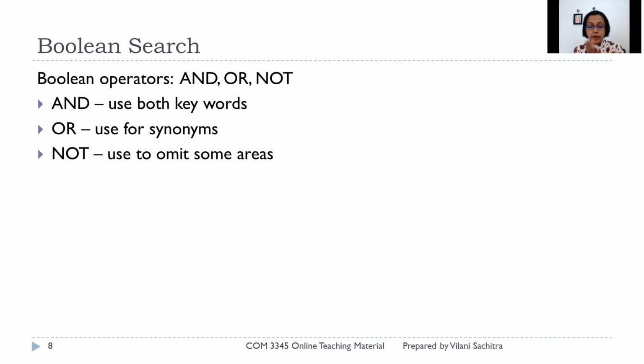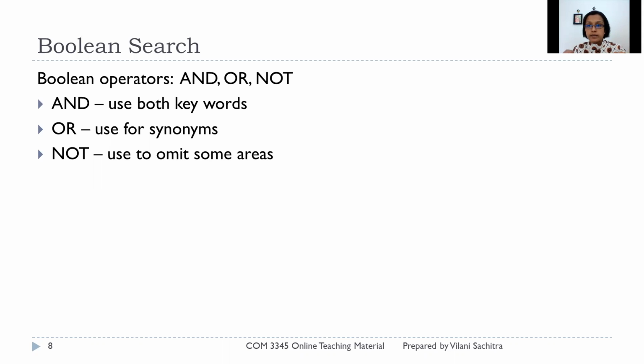So we just type in Google Scholar work from home NOT information technology sector or something like that. I believe you understand what I'm saying, right? So these Boolean searches help you to narrow down your search. Right? So then you can easily identify the most relevant articles in your study area.